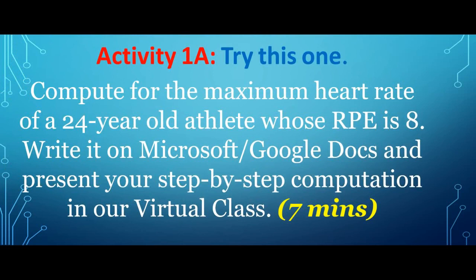So I have here activity 1A. Try this one. Compute for the maximum heart rate of a 24-year-old athlete whose RPE is 8. Write it on Microsoft or Google Docs or document and present your step-by-step computation in our virtual class. I'll give you 7 minutes. And timer starts now.